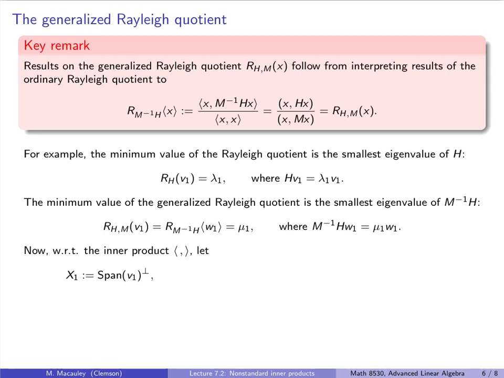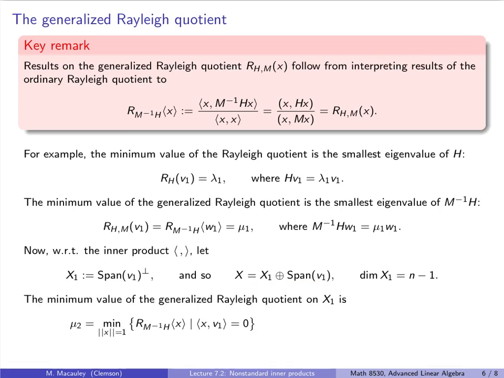So let's iterate that same process, but with a generalized Rayleigh quotient, which really is the standard Rayleigh quotient with a different inner product. So x1 is the orthogonal complement of this eigenvector. So x is the direct sum of this n minus 1 dimensional space with that eigenvector line.